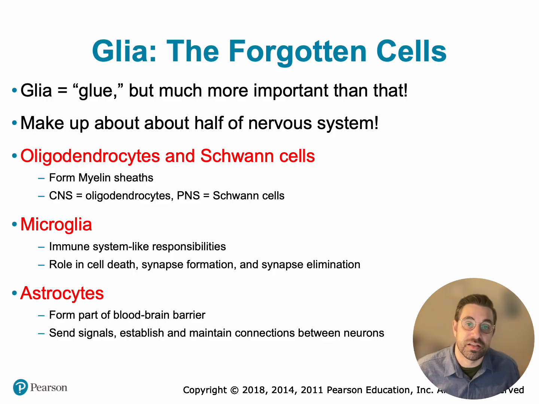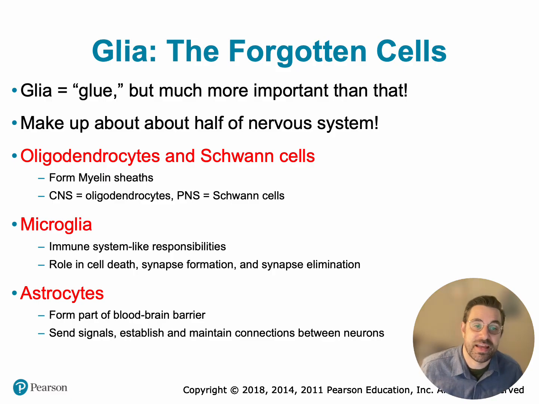Two other types of glia that you should know. One is called microglia. They're little, that's why they're called microglia. And they have immune system-like responsibilities. Your actual immune system can't influence your nervous system very well, certainly not your central nervous system, because we've got a blood-brain barrier. So I can't send an immune response to cause inflammation in your brain. That would be bad, right? We're blocked from sending the kind of immune response you might send to your skin to your brain.